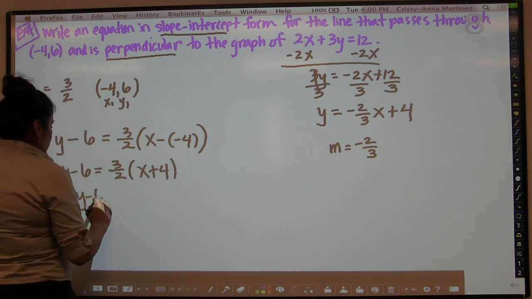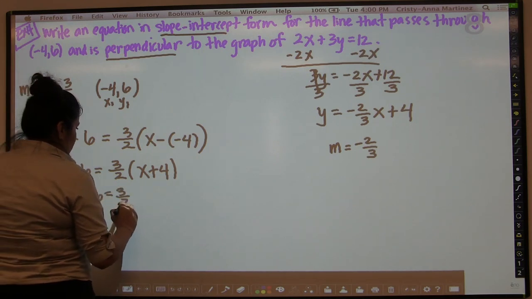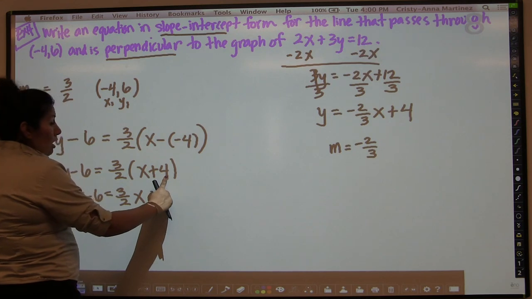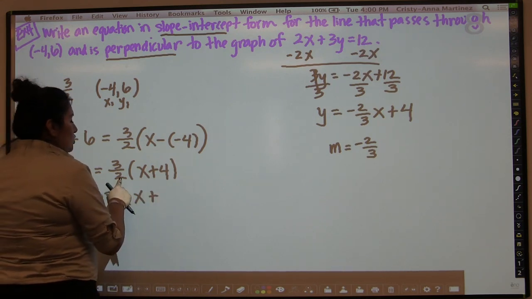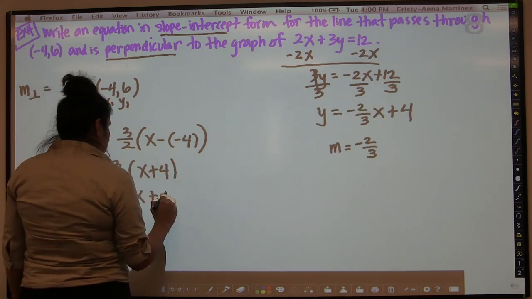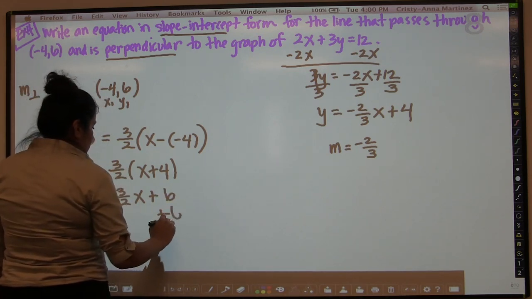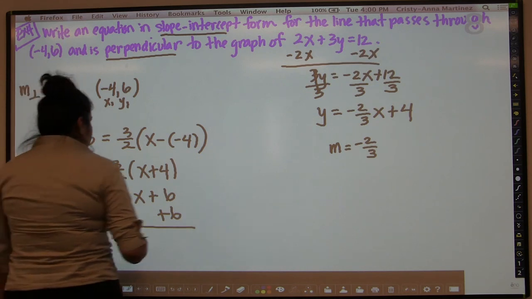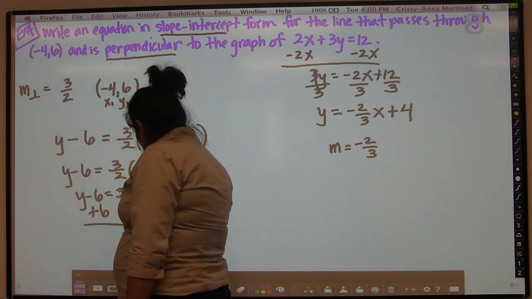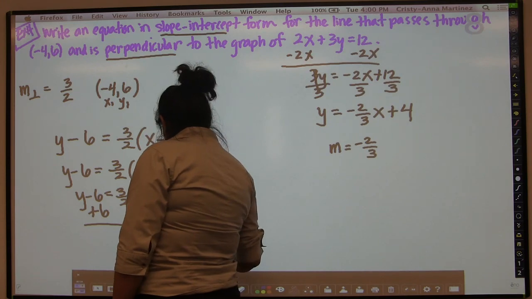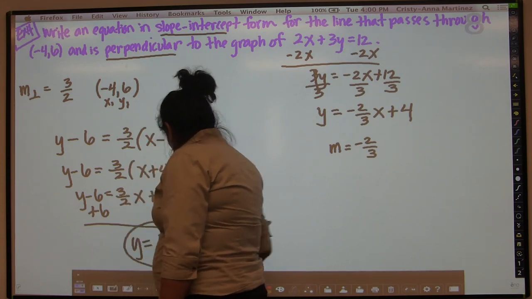Then I'm going to distribute the 3/2 and get 3/2 x plus 6, since 3 times 4 is 12, and 12 divided by 2 is 6. Then I'm going to add 6 to both sides to get y by itself. At the end of the day, my answer will be y equals 3/2 x plus 12. And that is how you do that.